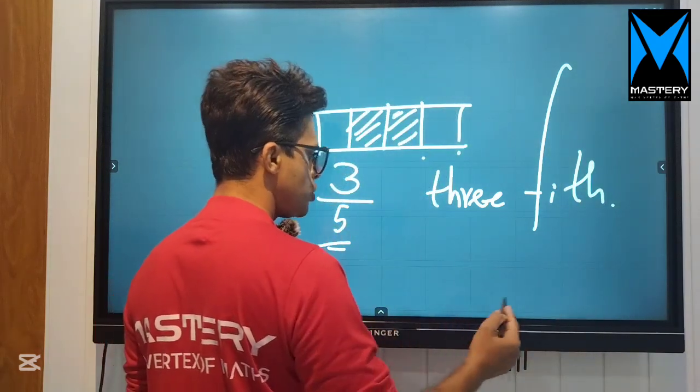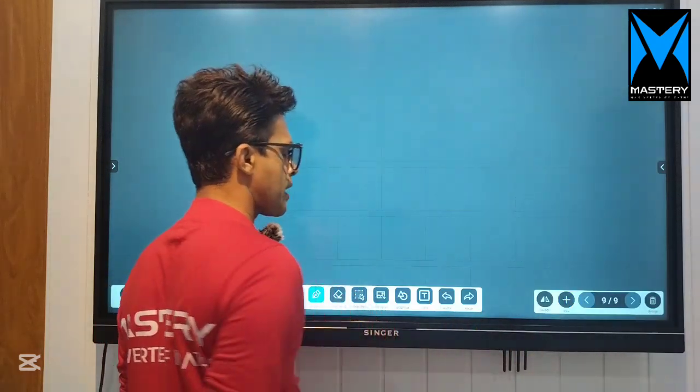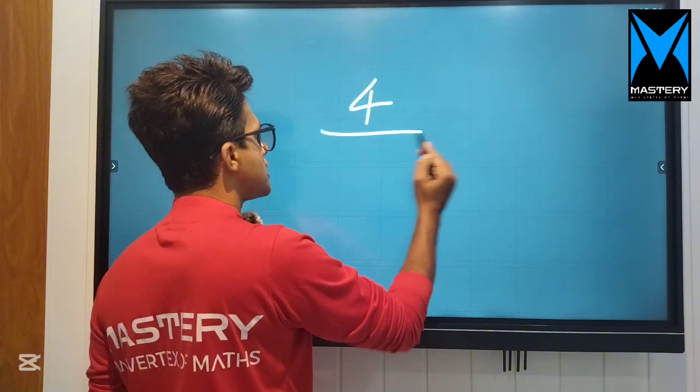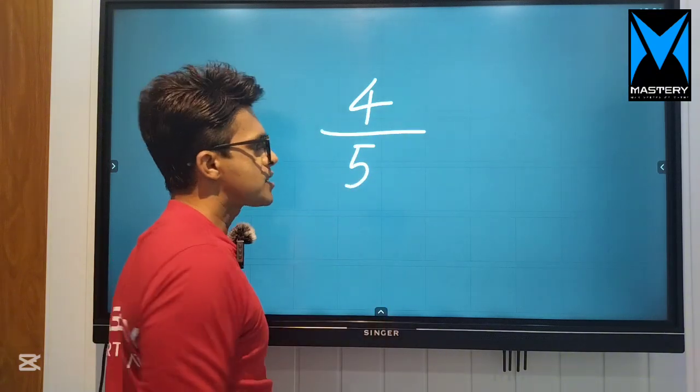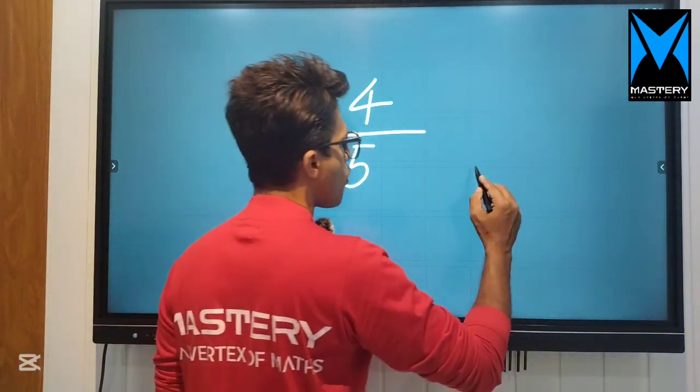Anyway, you can get an idea about fractions. This can be identified as 4/5, 4 over 5.